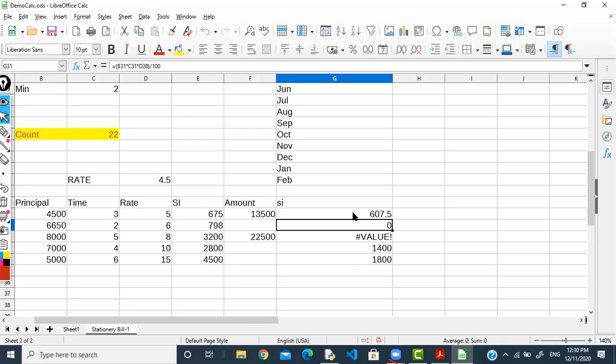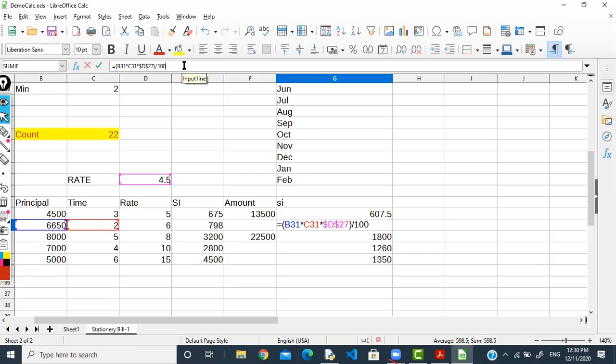So what is the solution? I want to use the same cell value for every formula in every row, so I'm going to make it constant. Now I'm copying this formula anywhere and I'm getting the accurate value.